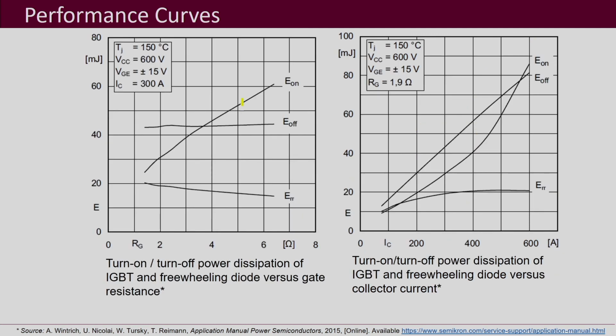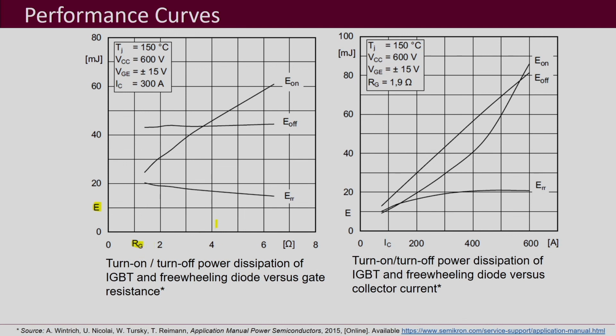Other curves that may be provided are the switching losses versus your gate resistor RG. This gate resistor plays a very important role, because if we increase the gate resistor, then the turn on and turn off time increases.